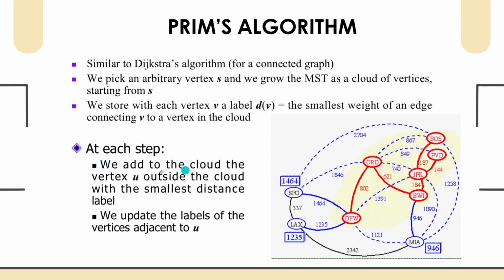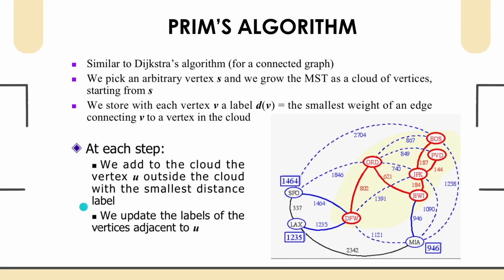So, we have the set of vertices that are part of the minimum spanning tree in the cloud, and we try to add more and more vertices to that cloud. At each step we add to the cloud a new vertex u that is outside the cloud, and it has an edge associated with it with the smallest distance.